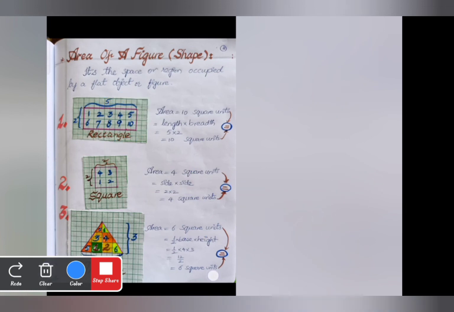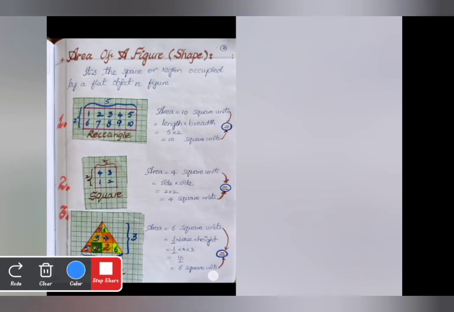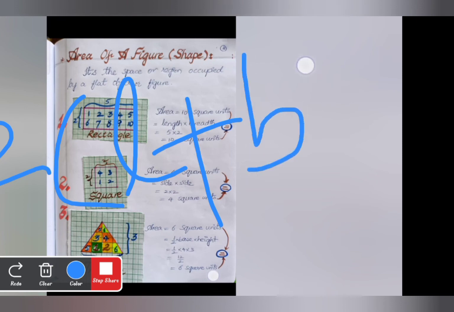So what is the area? Length into breadth. Remember this formula. Area of rectangle formula is L into B. And perimeter of rectangle formula is 2 into (L plus B). Okay, try to memorize these formulas in order to solve problems in very less time.